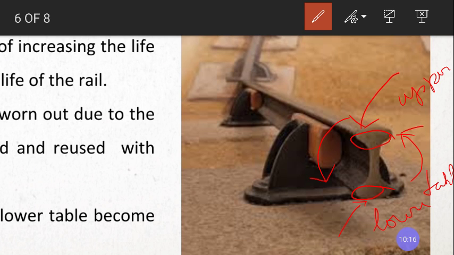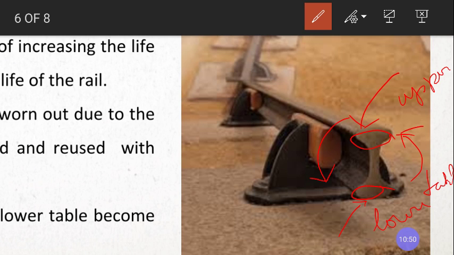Whenever a train moves, it wore not only the upper head, the lower head also wore out.